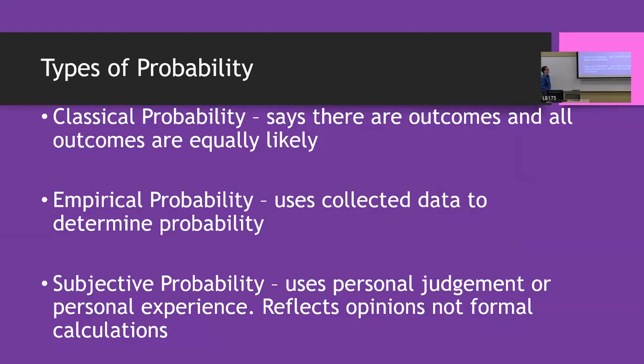With the empirical probability, we're going to utilize collected data to determine probability. So we do an experiment, we collect data on that experiment, and we use those data to figure out the probability of something happening. And then lastly is subjective probability.